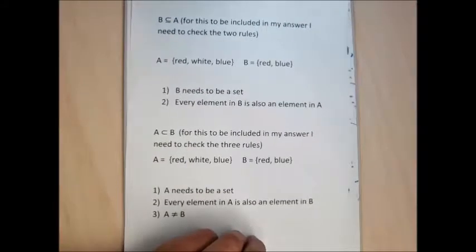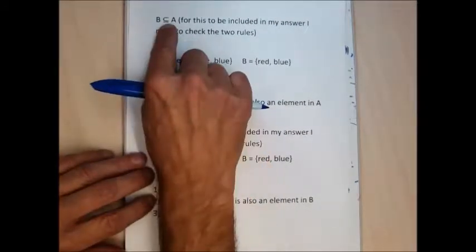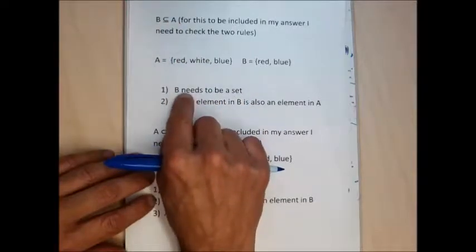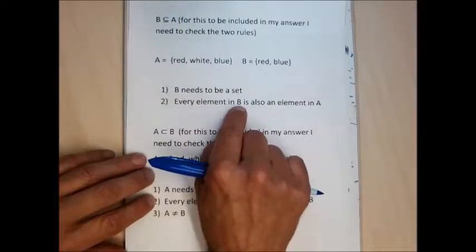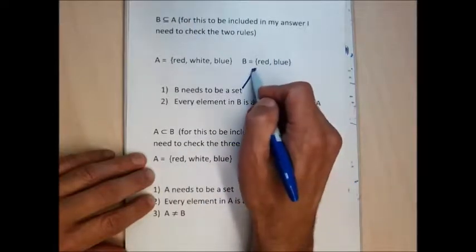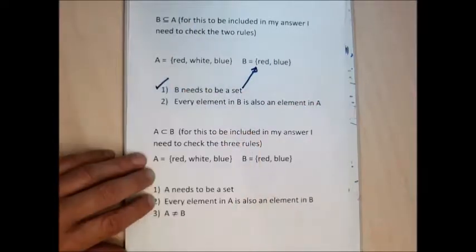The next symbol that I'm asked to test is B is a subset of A. For B to be a subset of A, two criteria need to be satisfied. B needs to be a set, and every element of B needs to be an element of A. I look at B, it's in set braces, so it's a set. That's good enough.